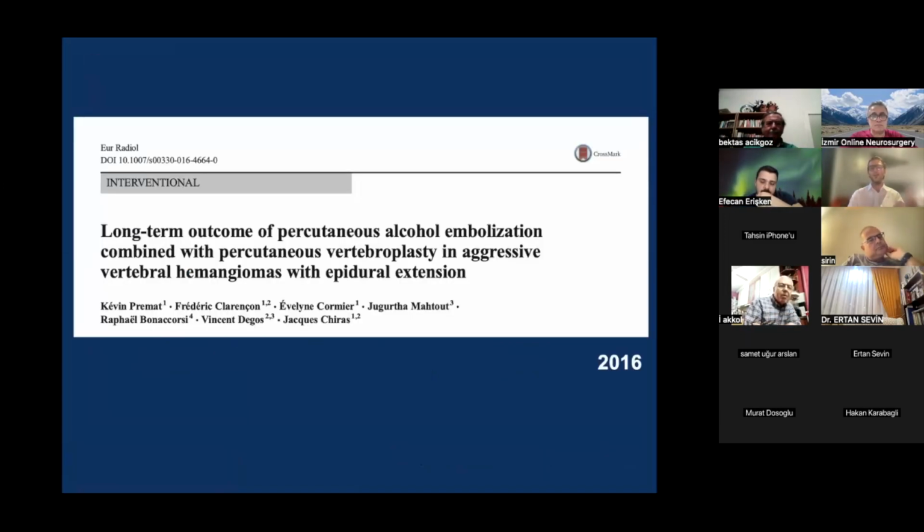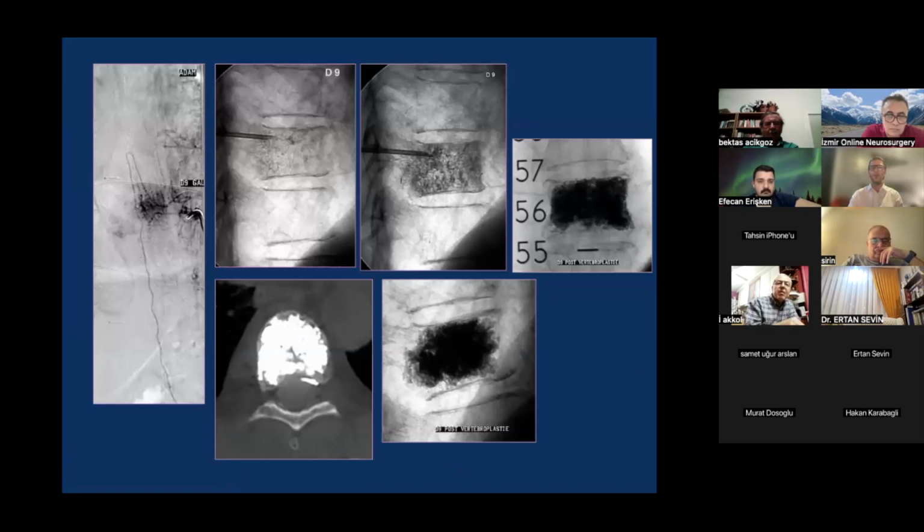So I showed you that we published a case series in 2016 in the European Journal of Radiology about our technique of treatment of patients with a hemangioma with an extension to the anterior epidural space. So first we do a DSA to locate the Adamkiewicz artery.